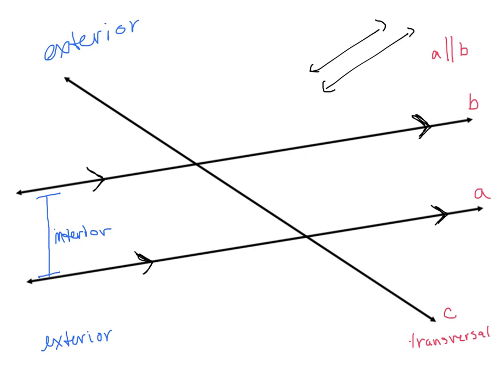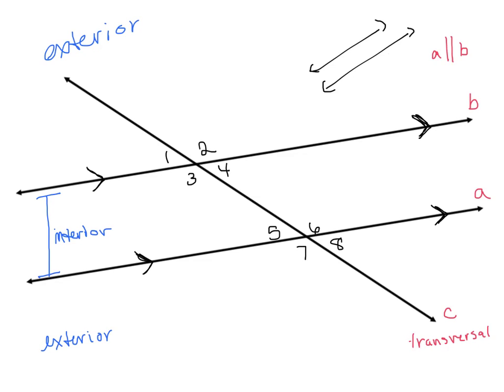And then finally I'm going to put some angles inside there just so we have some way to talk about them. I'm going to call this angle 1, this guy angle 2, angle 3, angle 4, angle 5, angle 6, angle 7, and angle 8.